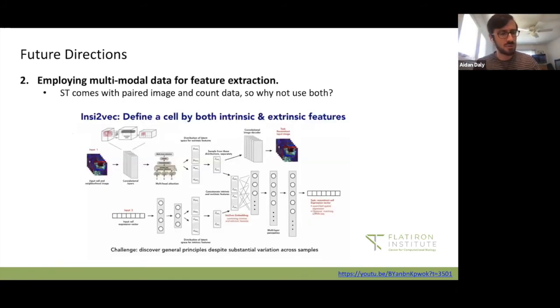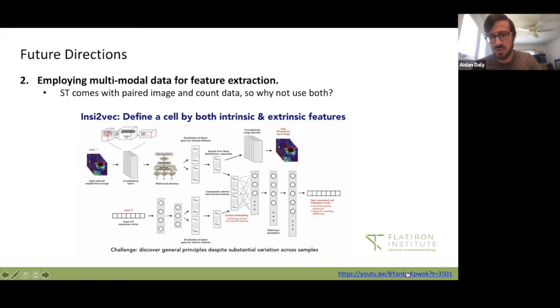The other thing is, even though we have both histology and transcriptomics data available, we've only been using the histology data for registration, which might be sufficient for some systems, but in some systems where there might be patterns that are invisible to the eye, you might want to leverage both. There are a lot of networks being proposed now that can look at both simultaneously. This is an example of an unsupervised network from Aviv Regev's lab that she's been calling in situ vec.